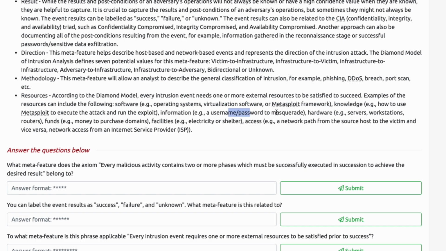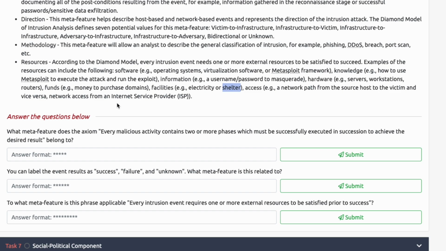Information, so the username and password to masquerade. Hardware, servers, workstations, routers. Funds, so they need to be well funded to pull this off, right? Facilities, electricity or shelter is necessary to do a lot of these things. Access, a network path from the source to the host, the victim, and vice versa, network access from an ISP, etc.